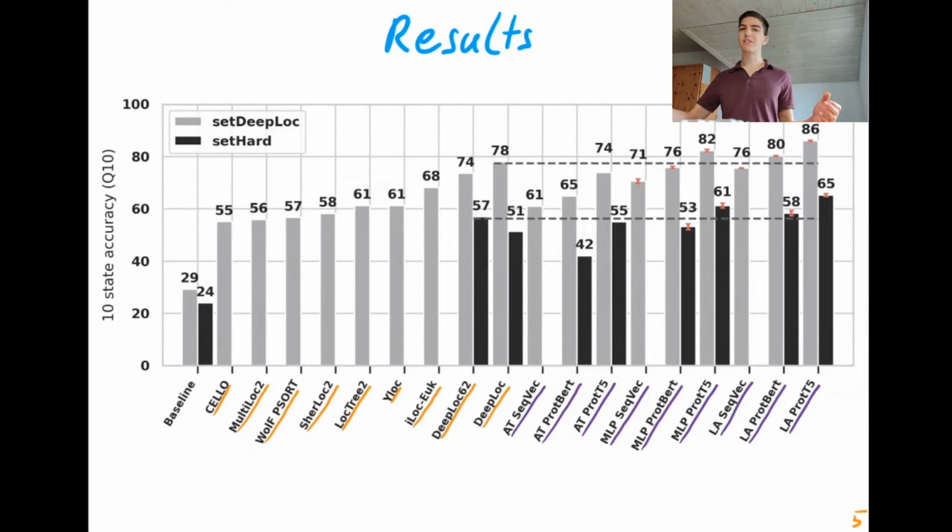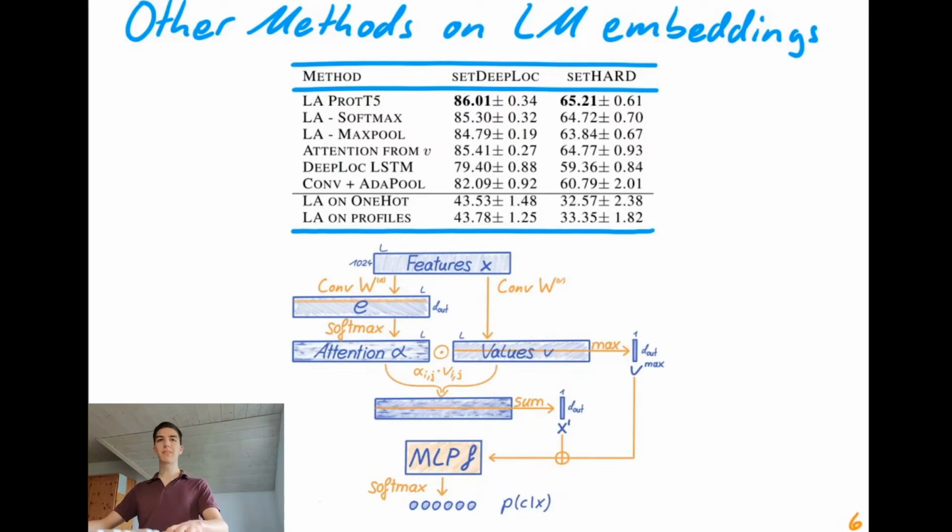So that's of course a nice improvement, but what I also want to point out is if we just go with this approach of averaging over the sequence length and then using an MLP right here, we can also already be 4% better than the previous state of the art. So these language model embeddings are really super expressive, and we can already with the simple MLP approach improve upon the state of the art.